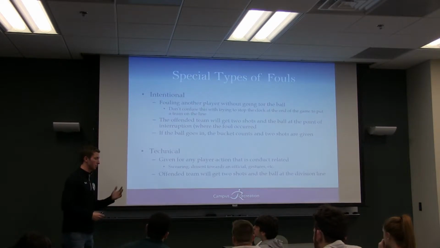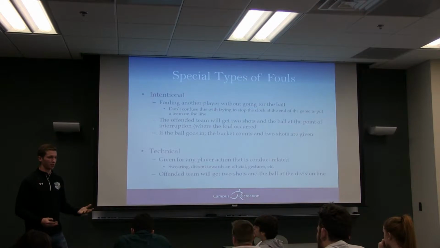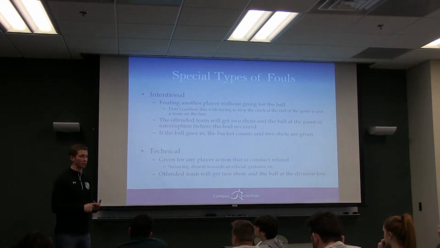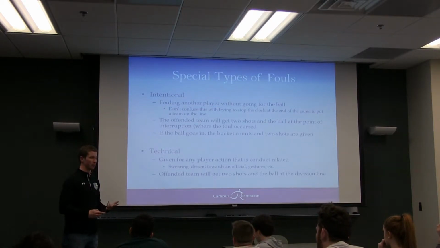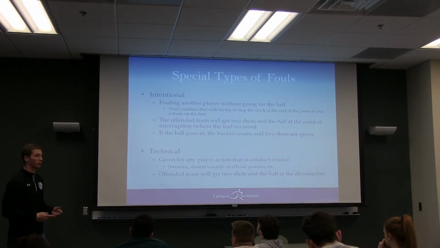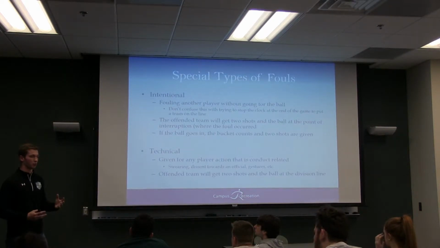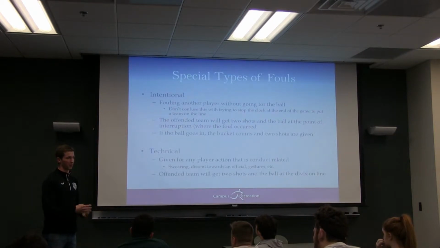But what we can mix this up with is when at the end of the game, the clock is running, the team is down by a little bit, and they're trying to foul to stop the clock and get the other team shooting so they can get the ball back and try to come back. Okay, there's a clear difference there. So when we have an intentional foul, you're going to give the team that was intentionally fouled 2 shots, and the ball's going back wherever the play is.